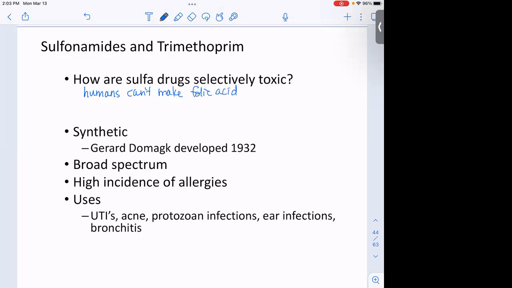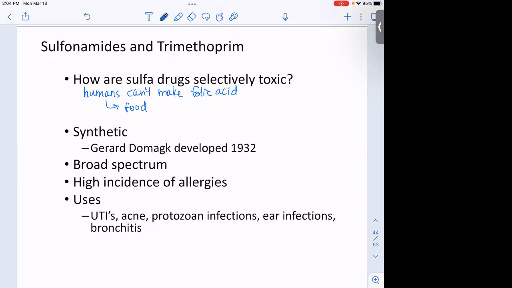Okay, we don't have those enzymes. We don't have that pathway to make it. Humans get it from food. Okay, so pregnant women want to just make sure that they're getting enough folic acid so that the cells of the fetus that are rapidly dividing have less chance of having mutations if we've got plenty of folic acid.